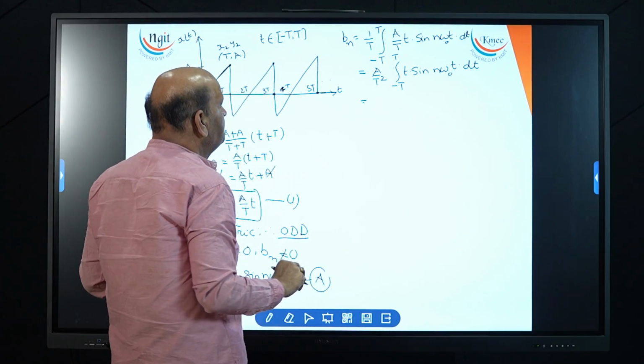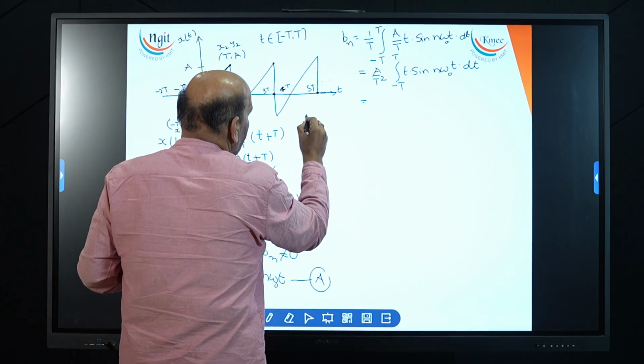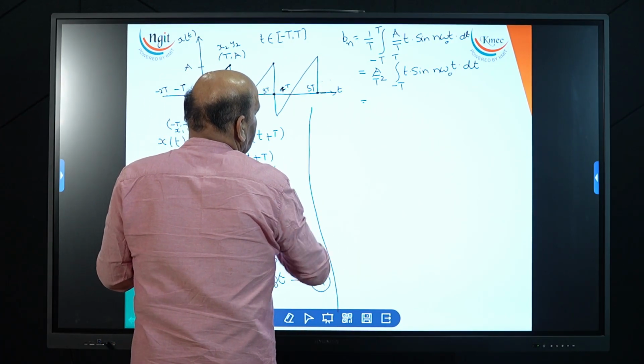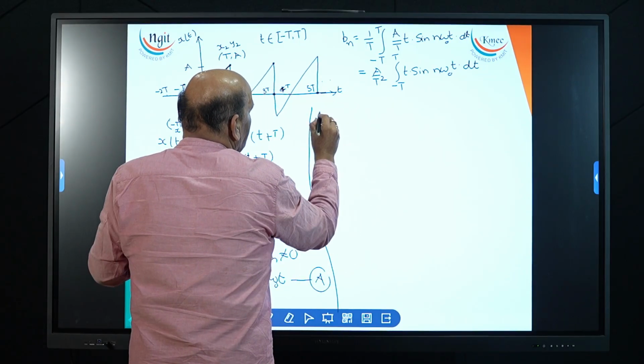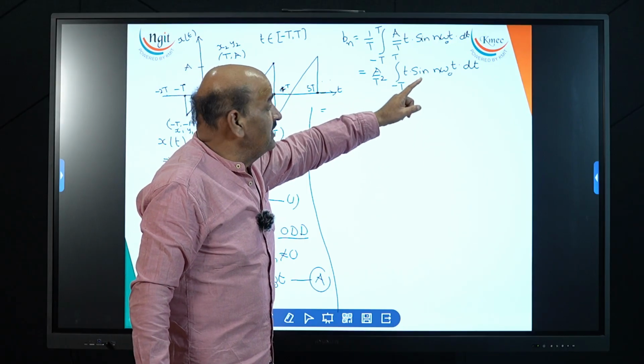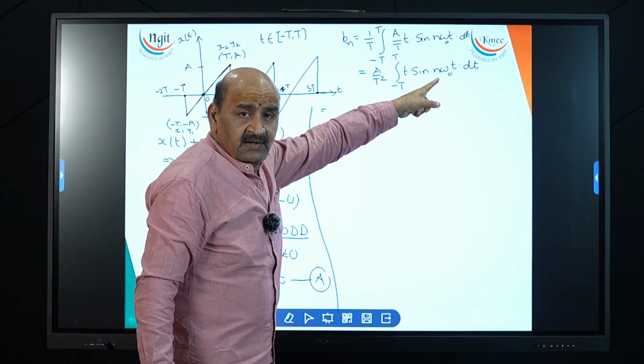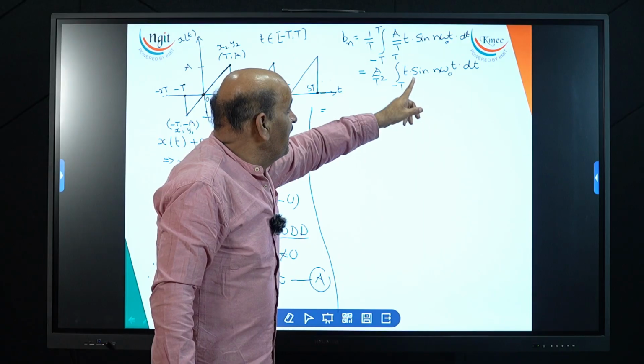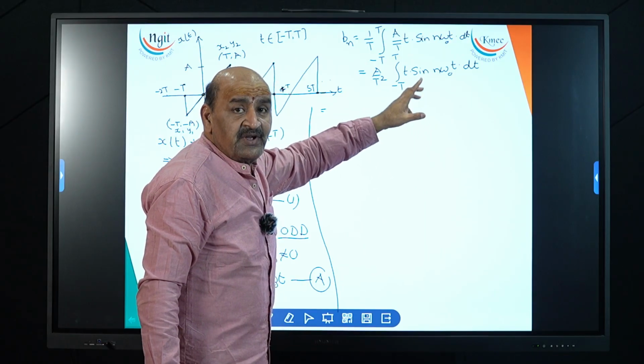Now just look at this case. Here t is an odd signal individually. The sine signal is also odd individually. Odd into odd becomes even.